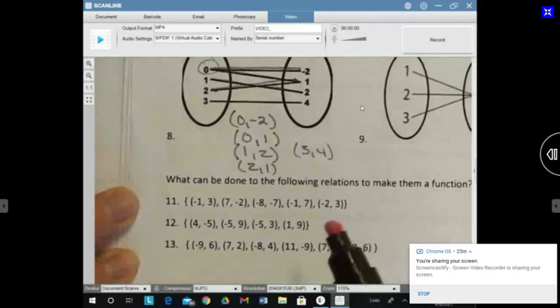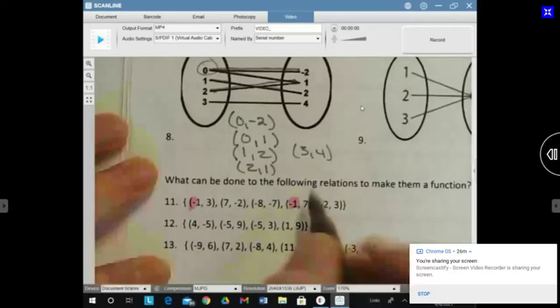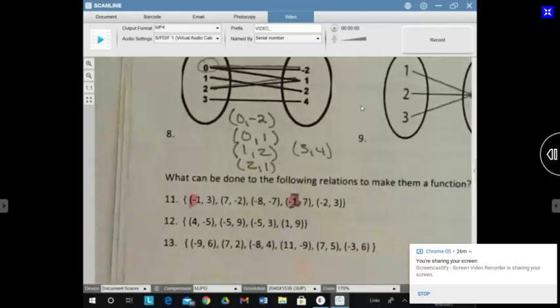Not a function. So what if I said this negative 1 here was a 3? Now do I have a function? Yeah. Now it's a function because all of my domain is different. That's all I want you to do. Change it somehow so that you have a function.